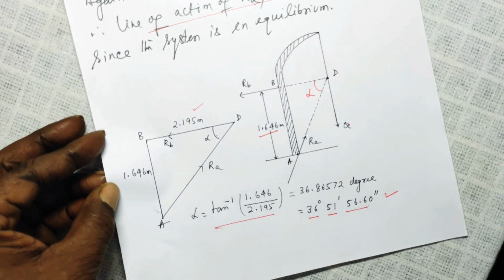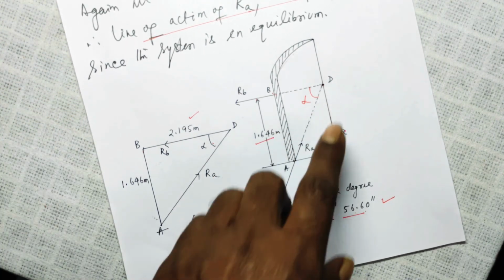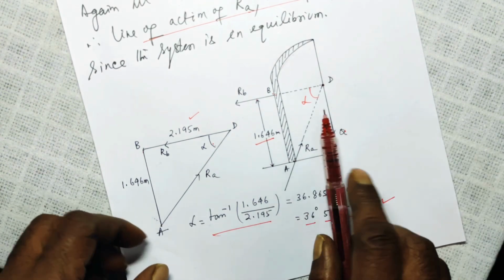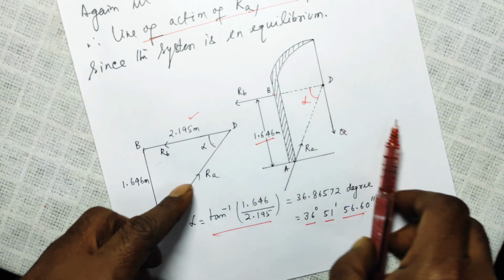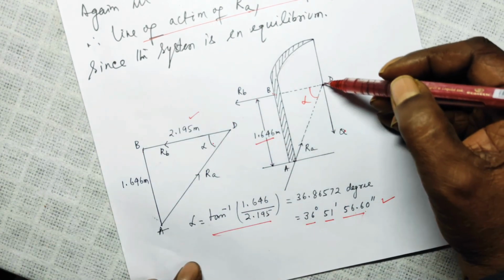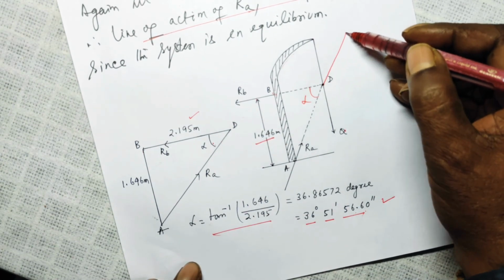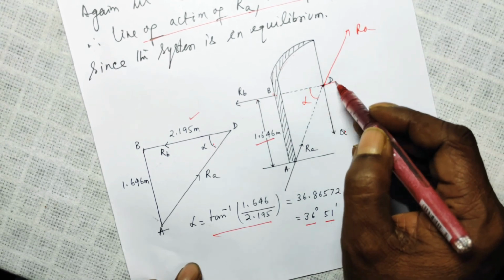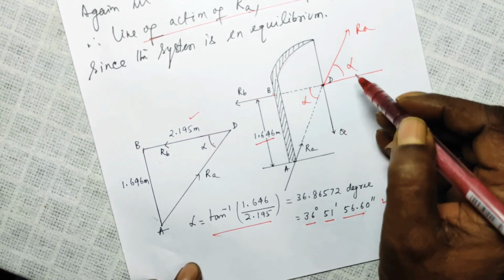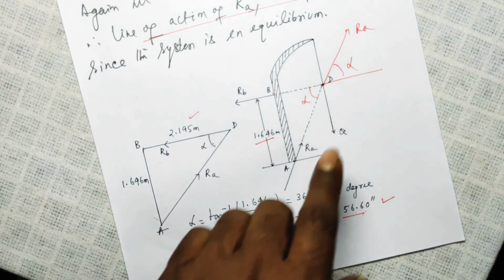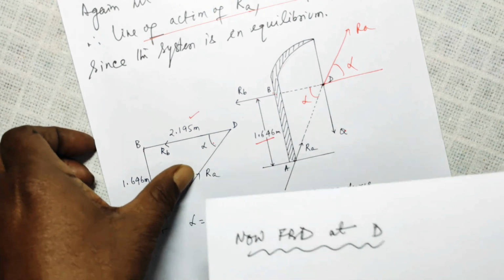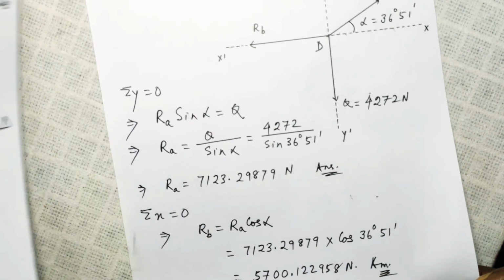Now you can draw the free body diagram at point D. So this RA is pointing this way. This is a free vector, so you can shift it here, parallel to itself. If you draw horizontally, then this angle will also be alpha. This will be useful for drawing the free body diagram at point D, which I have done here.